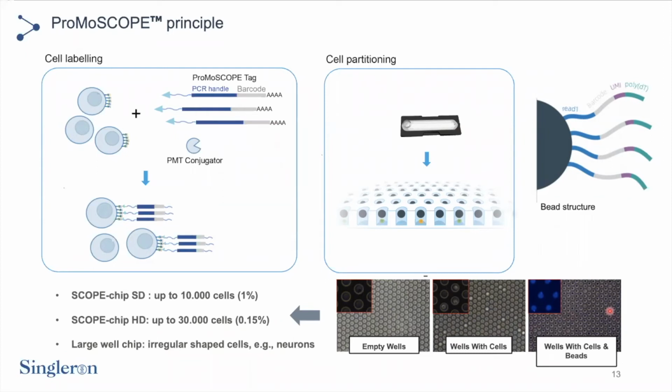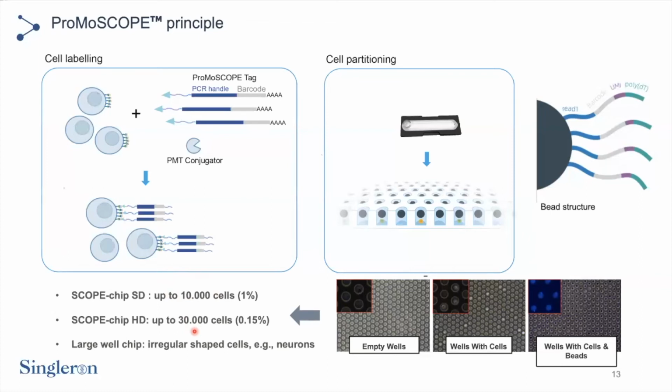There are three different configurations that the microchip comes with. The first one is SD, standard density. We can go up to 10,000 cells. The second one is the high density chip. We can detect up to 30,000 cells. And the third configuration of this microchip is large well. Since this is our own technology, we can actually change the size of these wells.